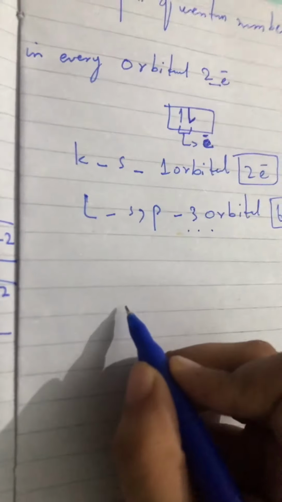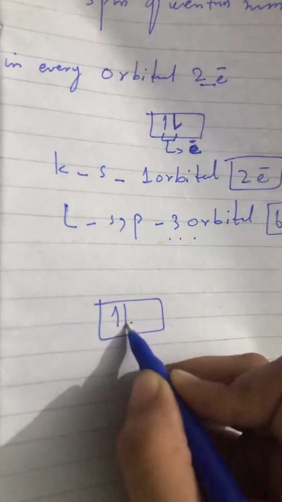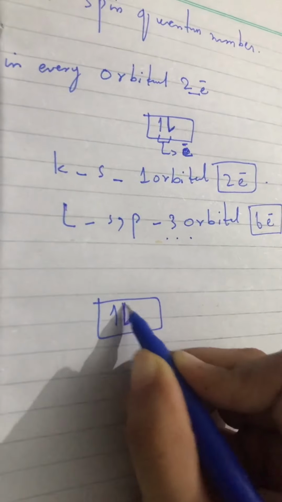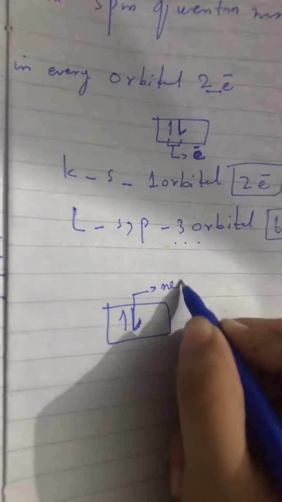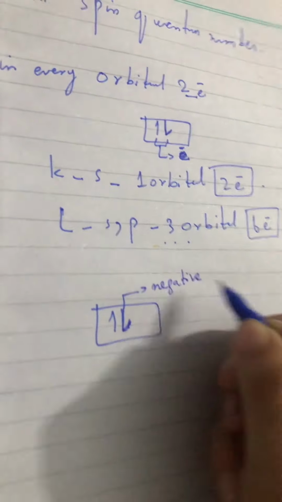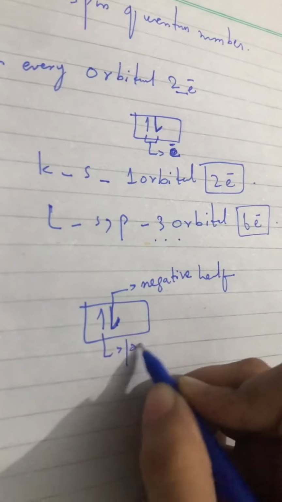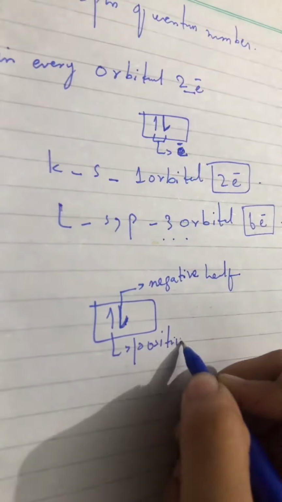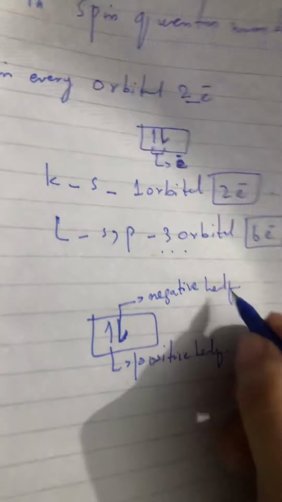Now you can see like this. These are the 2 electrons in 1 orbital. This is negative half, and this is positive half.